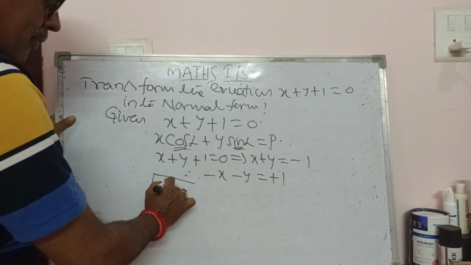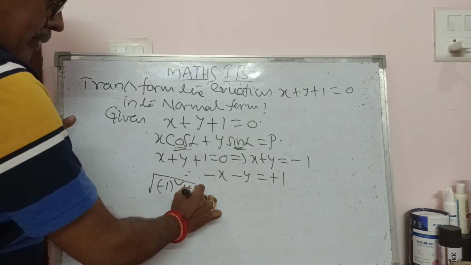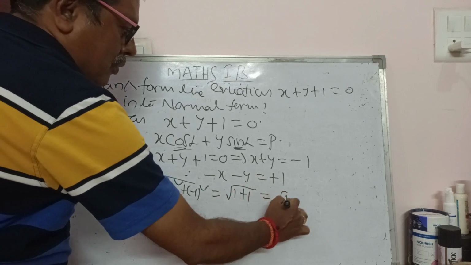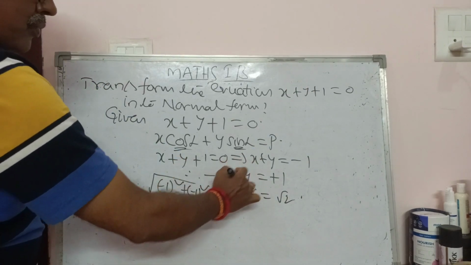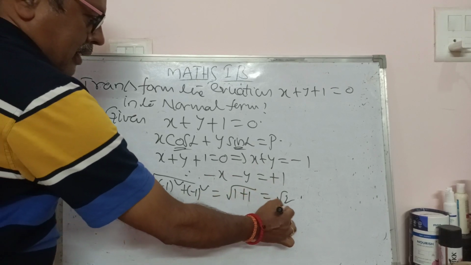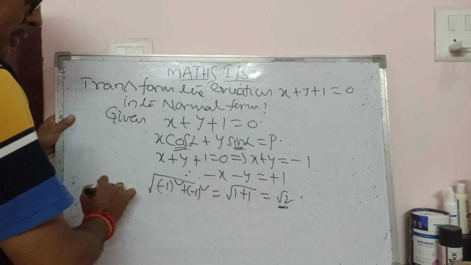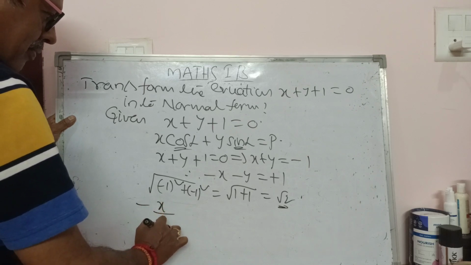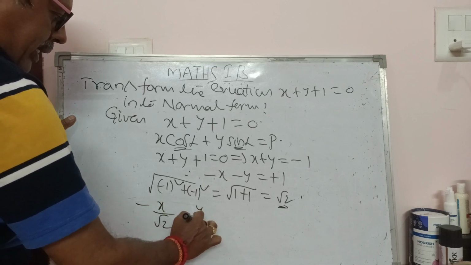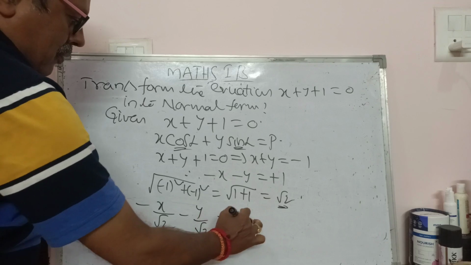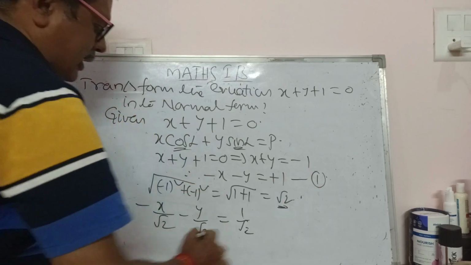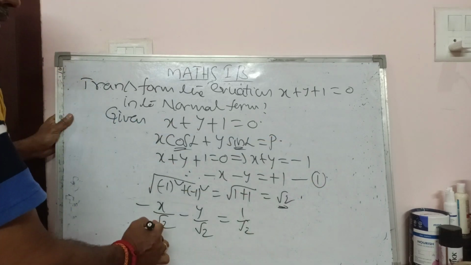So minus 1 whole square plus minus 1 whole square is equal to root 1 plus 1, root 2. So this is the value of root a square plus b square. Therefore, minus x by root 2 minus y by root 2 is equal to 1 by root 2. Here this equation is divided by root 2 on both sides.